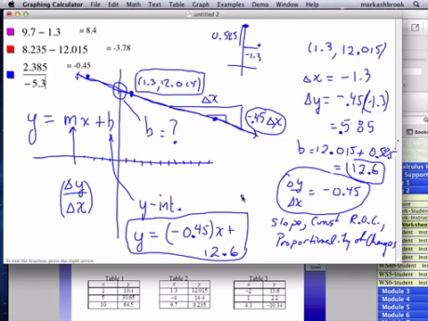Don't know where it's coming from. That makes so much sense.